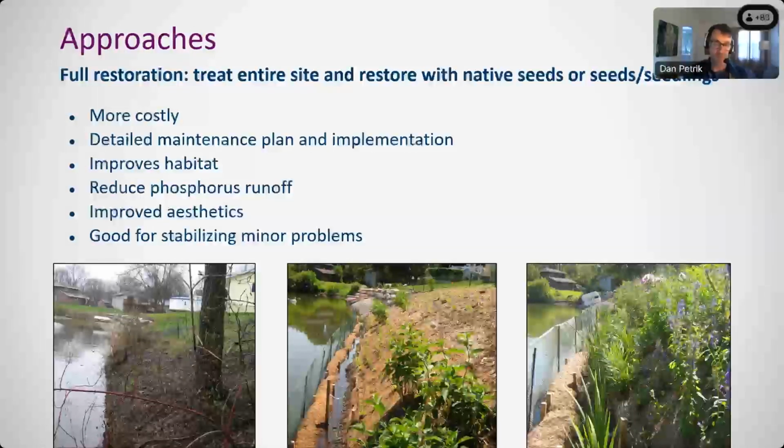And these tend to be a little more expensive, so you do want to make sure it's maintained to make it worth it and pay off over the long term. So these can definitely improve the reduction in phosphorus runoff, and also can really improve the aesthetics of an area. And usually these are done with a professional and can also deal with more serious problems around stabilization.